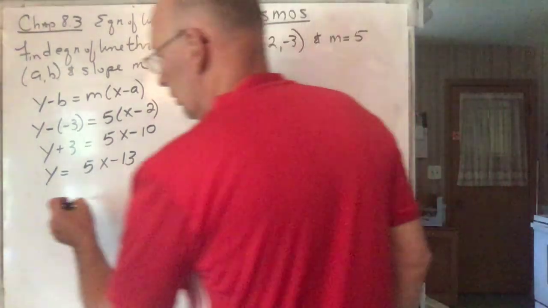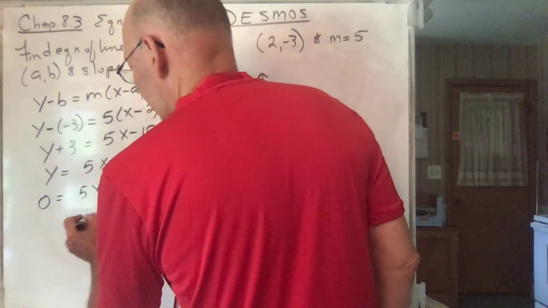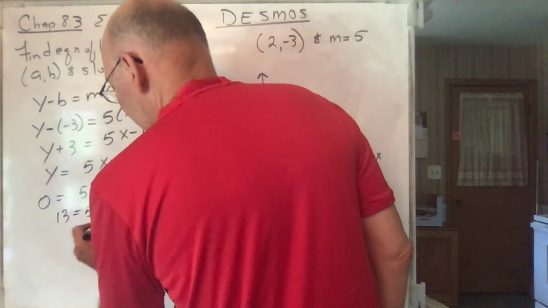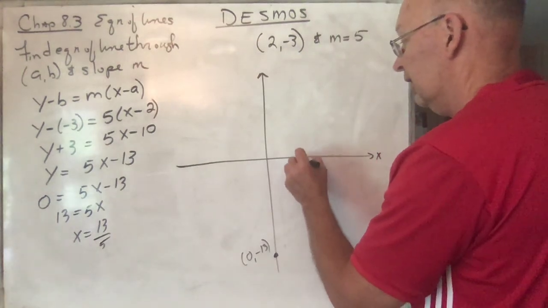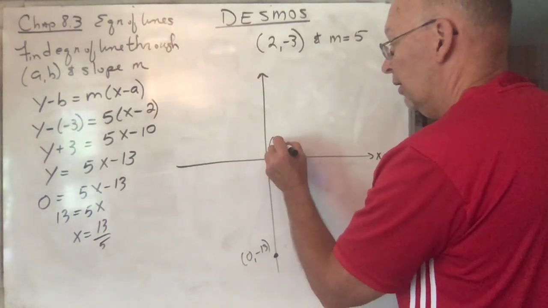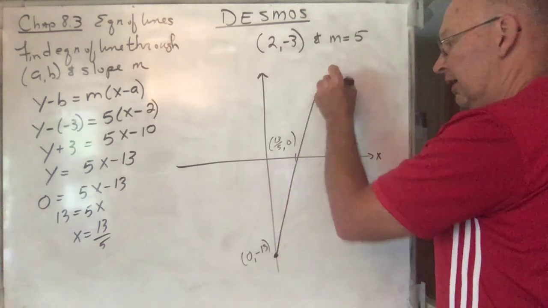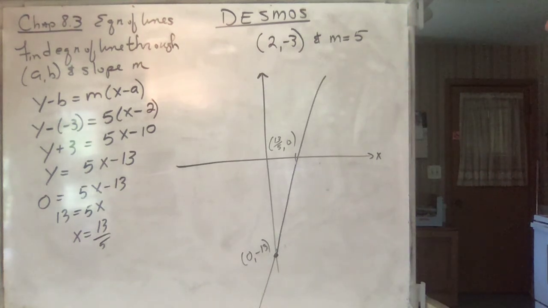If y is 0, then what would x have to be? 5x minus 13, 5x is equal to 13. x is equal to 13 fifths. So 13 fifths right here, (13/5, 0). There's that point, and the line looks something like this. Very steep slope, slope of 5.